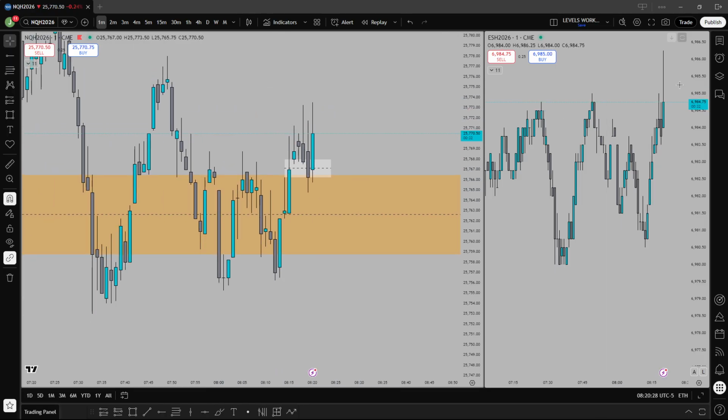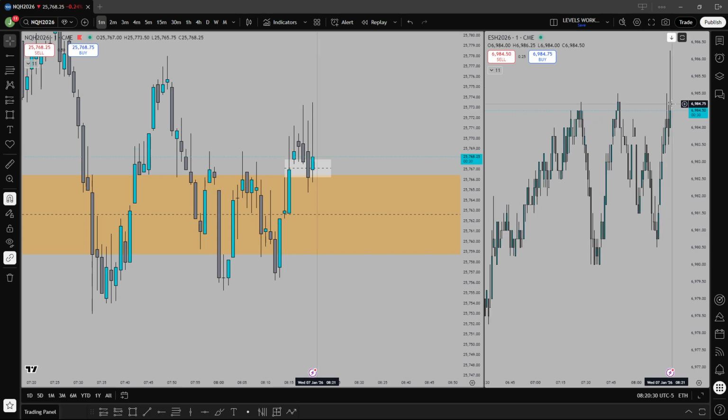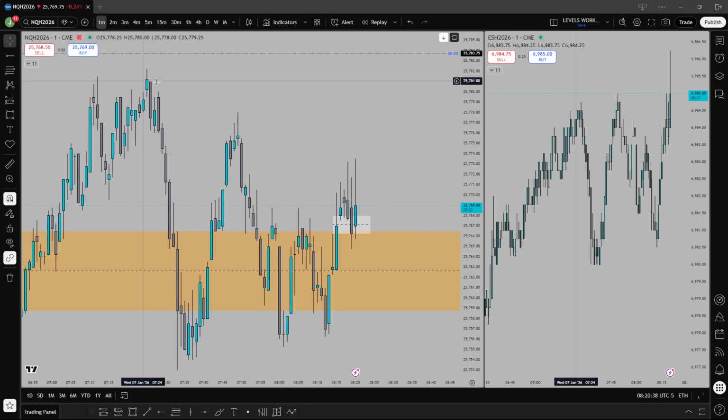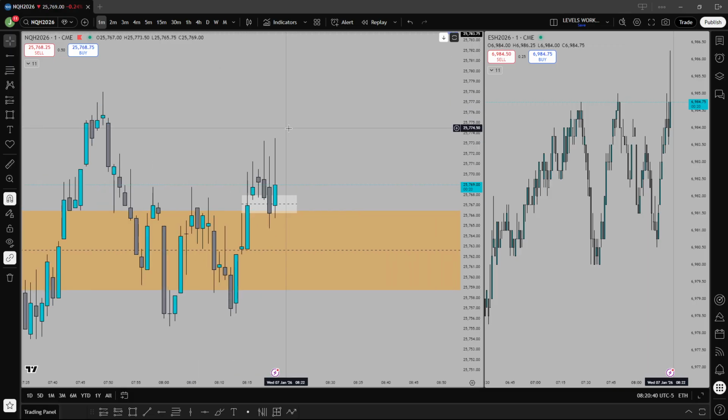I do like what ES has done here. It has cleared the high of 7 a.m., whereas NQ is not that much stronger.